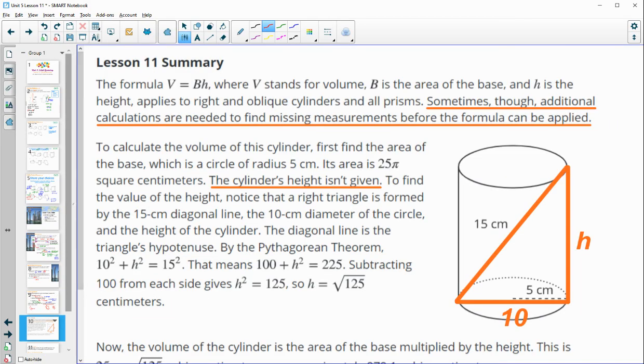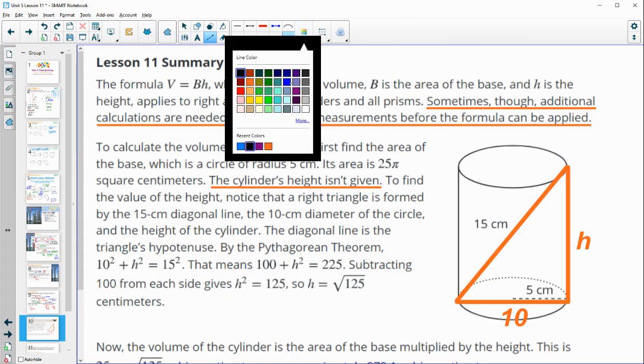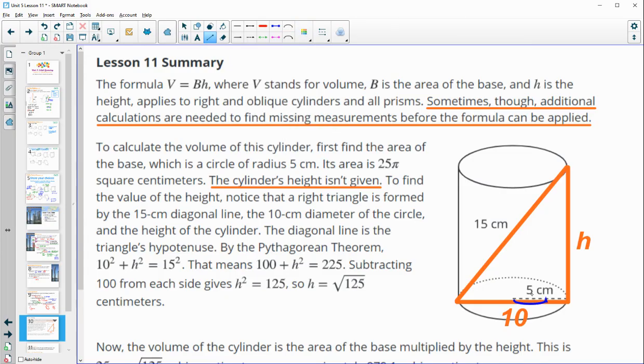All right, lesson summary. Sometimes we need additional calculations to help us with volume because we don't have enough given to us immediately. You'll see in the cylinder in your book, they give you this diagonal across the cylinder. That helps us find the height because it's the hypotenuse. We've got the radius, which is part of the leg.